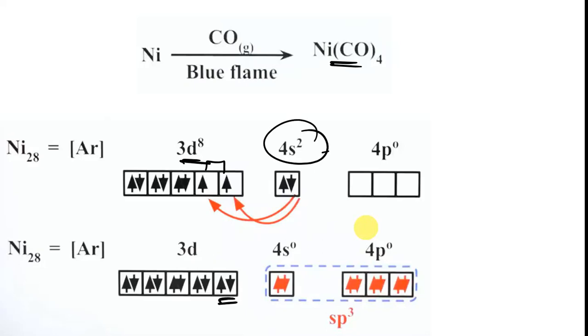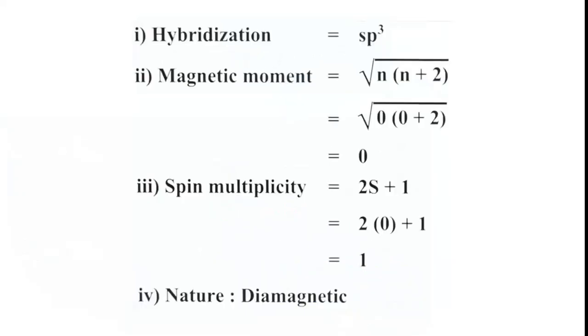Then the carbonyl ligand will place its electrons in the s orbital and p orbitals, that is one s orbital and three p orbitals. Here the hybridization is sp3, the magnetic moment is 0, the spin is 1, and the nature is diamagnetic, right? So this is the thing we can get from VBT.